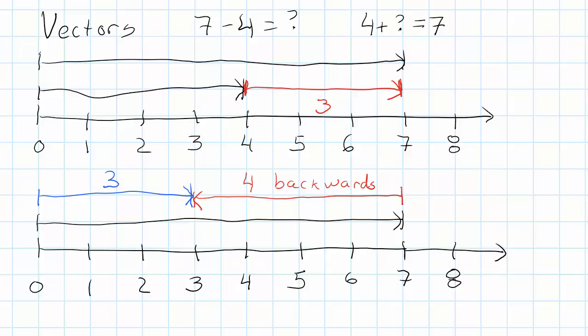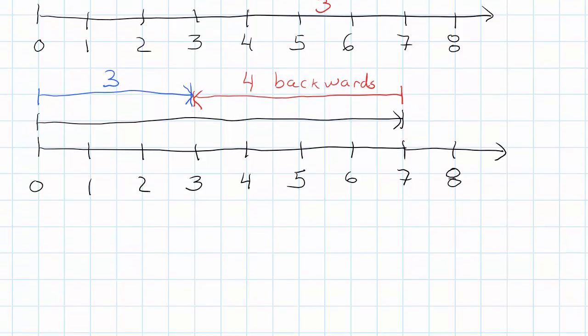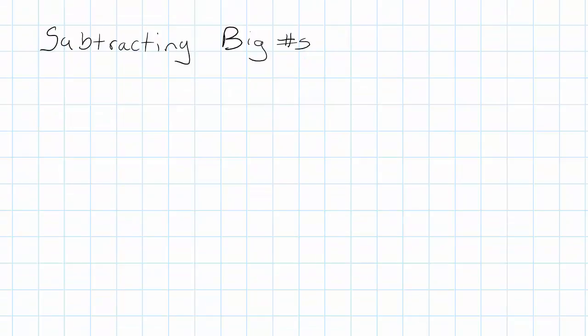One last thing to mention, what do we want to do if we want to subtract big numbers without a calculator? Let's say we wanted to subtract 8,025 minus 472. Well, we start out just like we do with addition. Not a surprise.